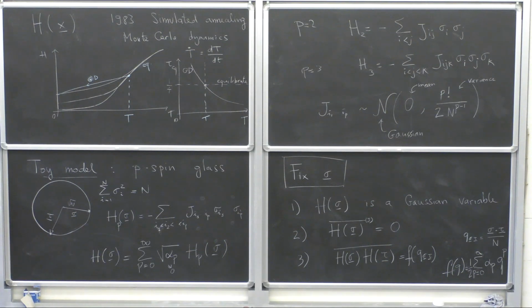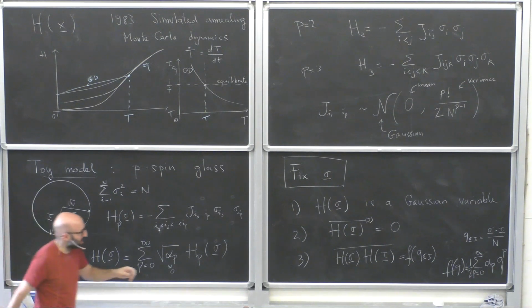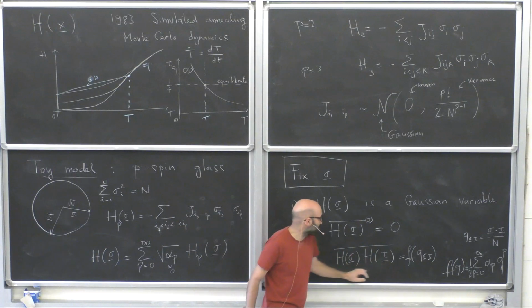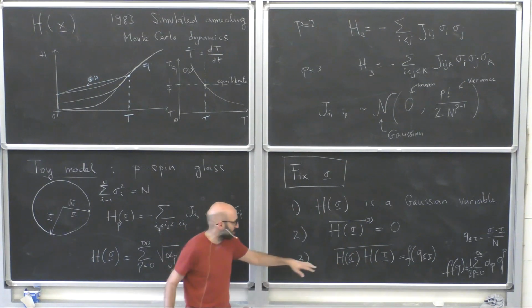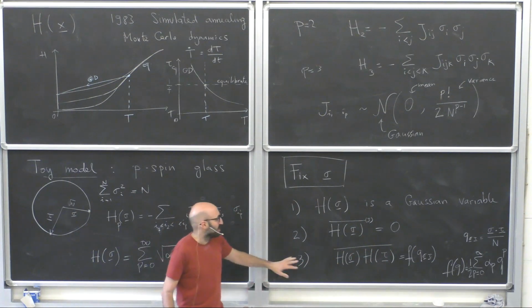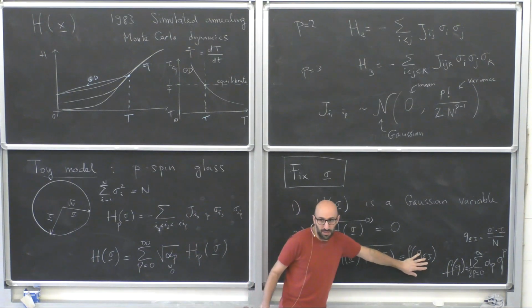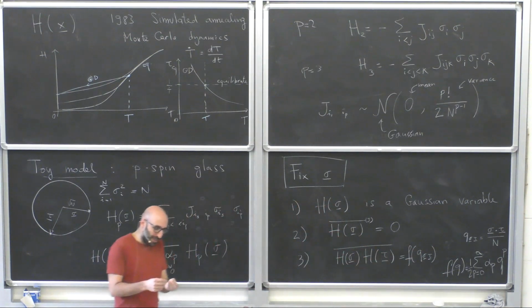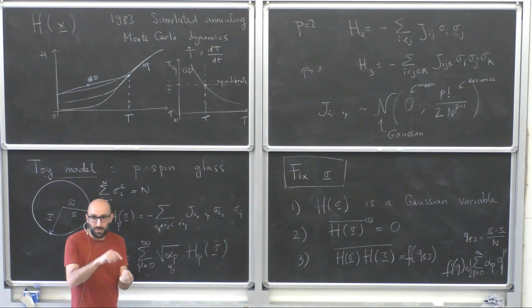So this is a simple model because h is Gaussian. The fact that h is Gaussian means we can hope to do calculations, and we can do many of them. But also, it's kind of smooth. This is a requirement of smoothness, because if you take just random Gaussians, totally uncorrelated, so if you take this covariance to be 0, then it's not a very physical model, because if you take a point, it will have a certain Hamiltonian.